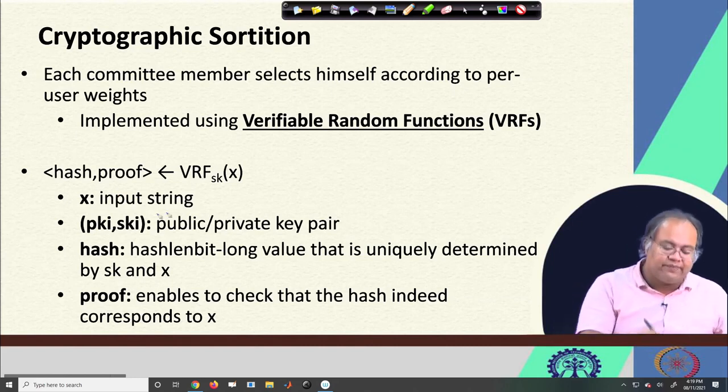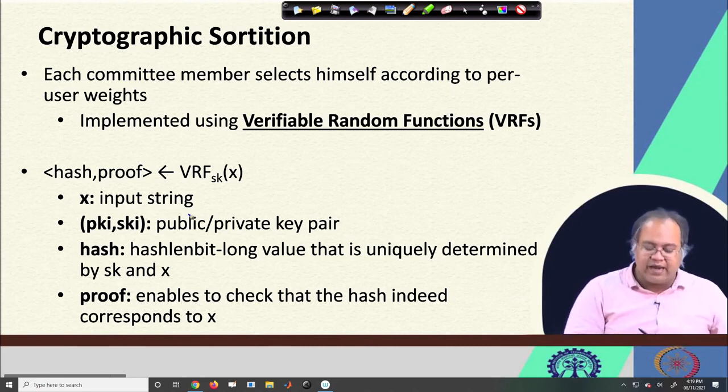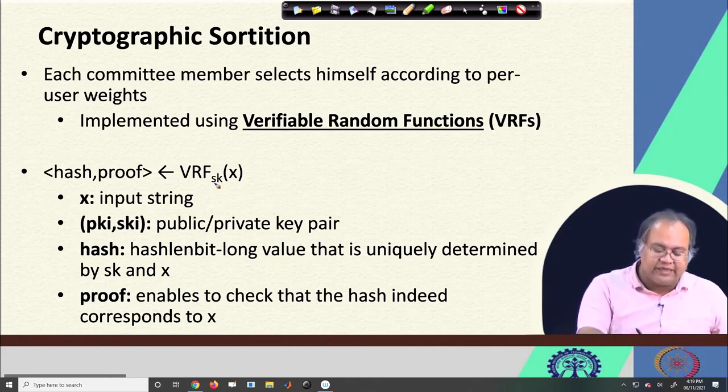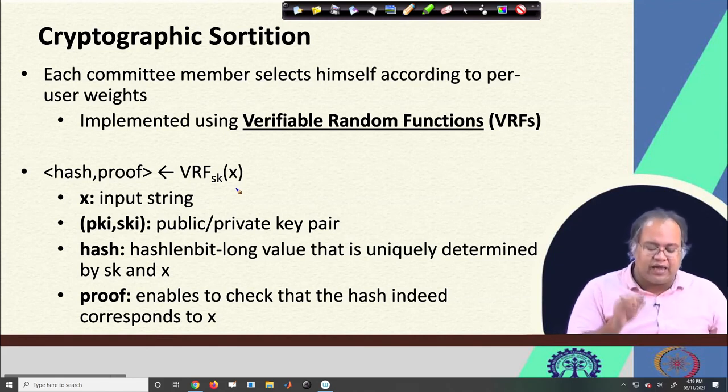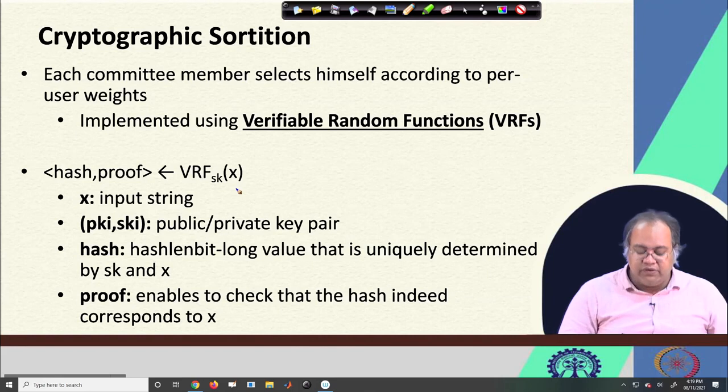So, x is my input string, and pk_i and sk_i are the public and private key pair. The private key sk is used to generate the verifiable random function, and the public key is used to verify the proof. The hash is a hash-length bit long value that is uniquely determined by sk and x, and the proof enables checking that the hash indeed corresponds to x.